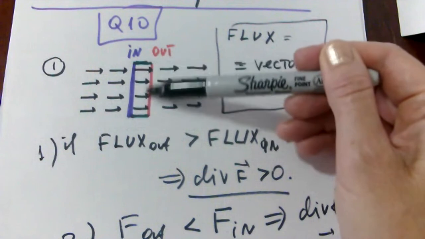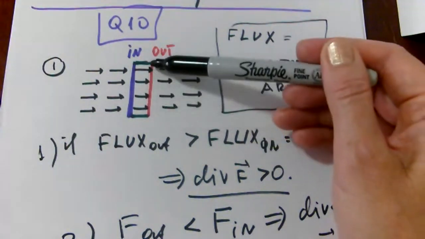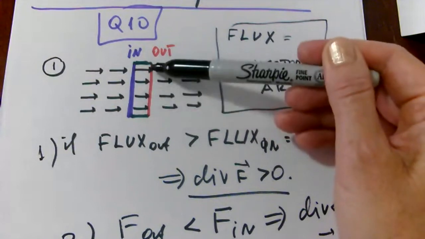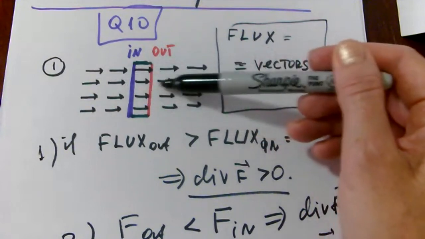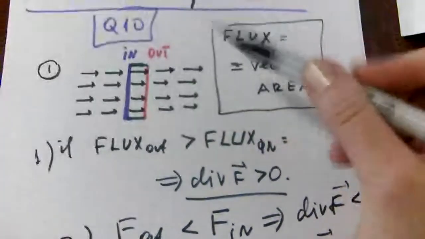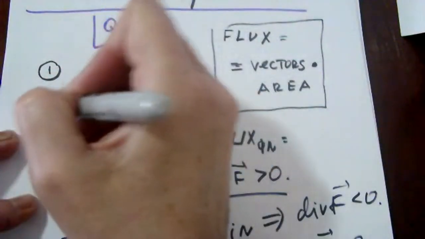But here you have the same situation. The vectors are the same, they have the same length, and the area of this side is the same. So it means that flux in is equal to flux out. It means that divergence of our field is zero. So divergence is zero in this case.